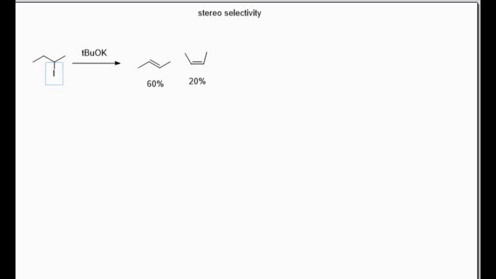So these two are different chemical species, one trans and one cis, and this has a higher concentration than this. So we can say the reaction is stereoselective to form trans-2-butene rather than cis-2-butene.